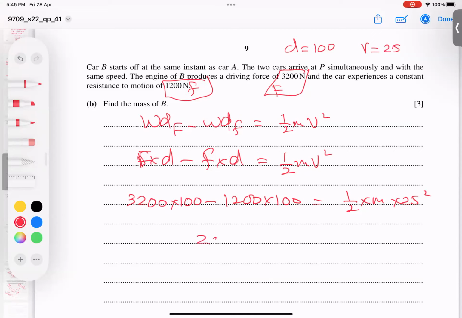I'm getting 2 and 5 zeros. Afterwards this 2 multiplies up and 25 squared comes down to give the mass. So into 2 divided by 25 to the power 2, and I got the mass as 640 kilograms.